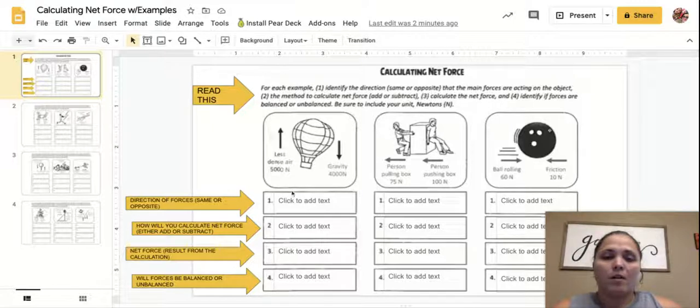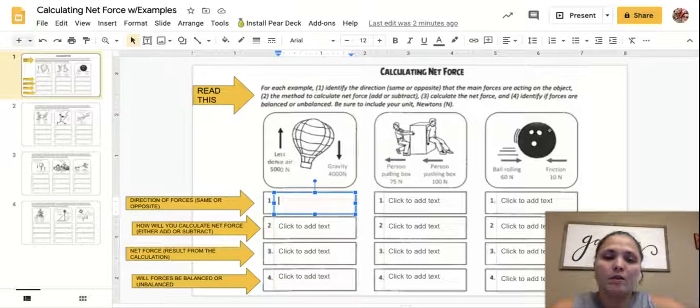So in this first example, we've got a hot air balloon, and it says that we have an upward force of less dense air that is 5,000 newtons pointing up, and then gravity is pulling down on this hot air balloon with 4,000 newtons. So for number 1, is the direction of the forces going to be the same or opposite?